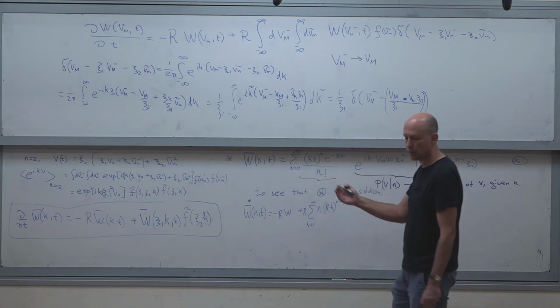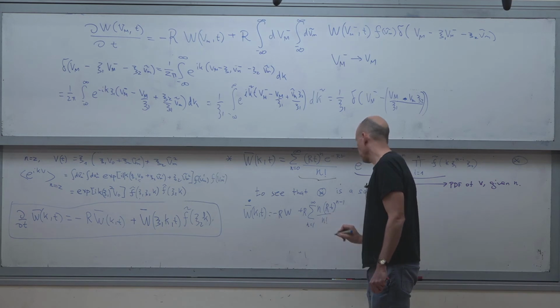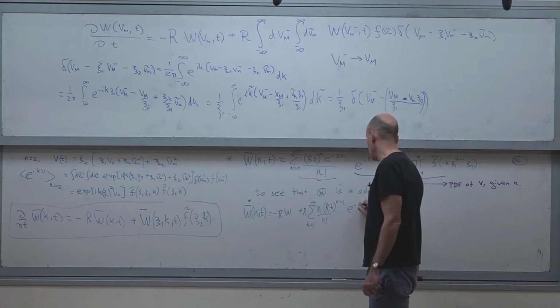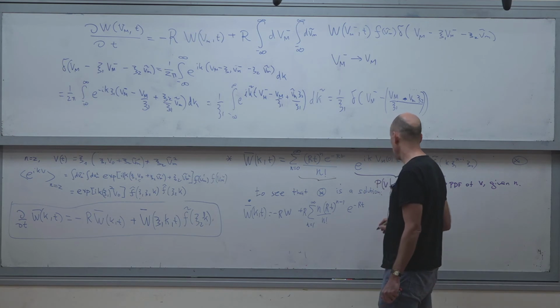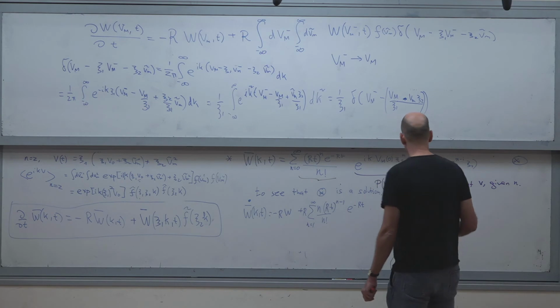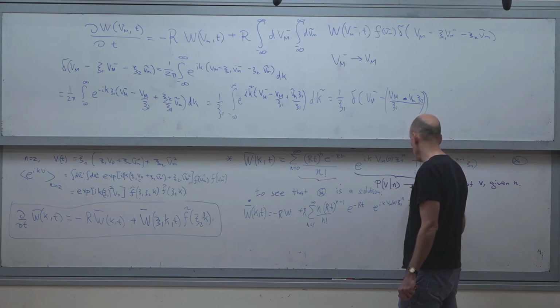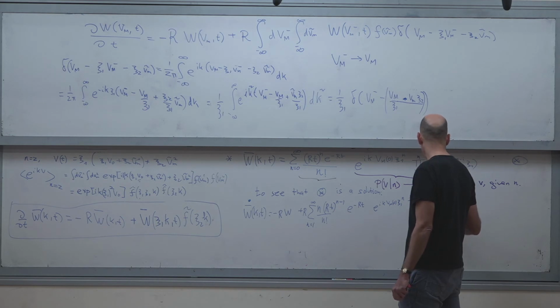This is t to the n, I take the derivative, divided by n factorial, e to the minus rt. Then I have all this awful junk: the initial velocity psi 1 to the power m, the product i equal 1 till n, f k psi n minus 1, psi 2.